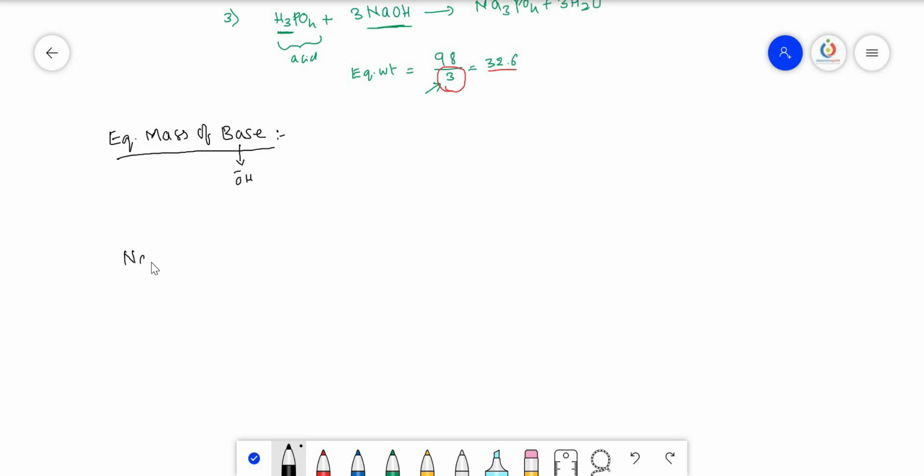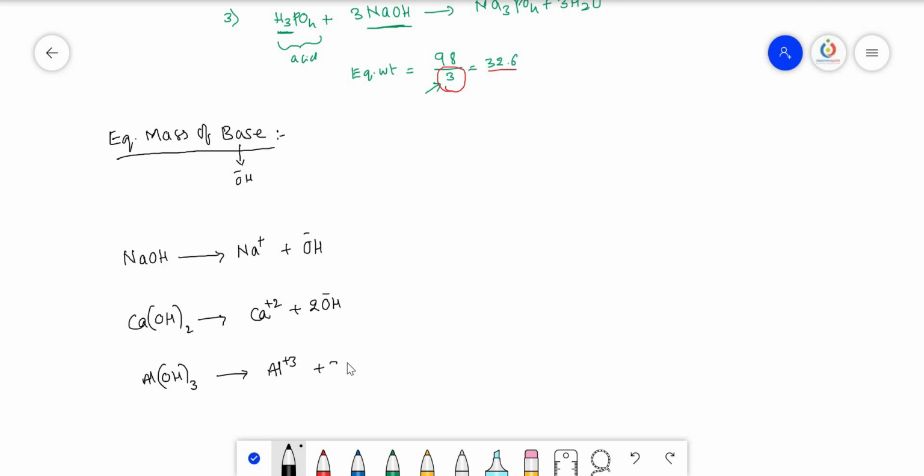If you take NaOH, NaOH is able to release only one OH minus ion, so it dissociates into Na plus and OH minus ion. And if you take calcium hydroxide, it dissociates into Ca 2 plus and 2 OH minus ions. And aluminum hydroxide, Al 3 plus and 3 OH minus ions.